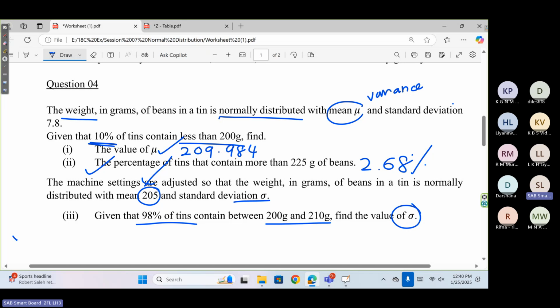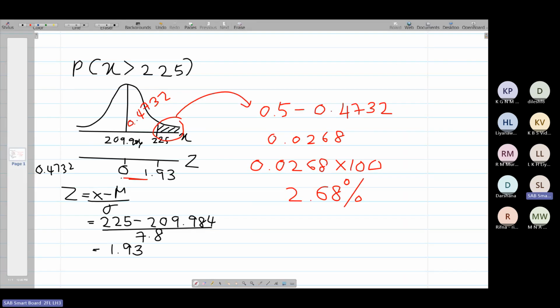So the probability of X between 200 and 210 is equal to 0.98. Then we can draw the normal curve.